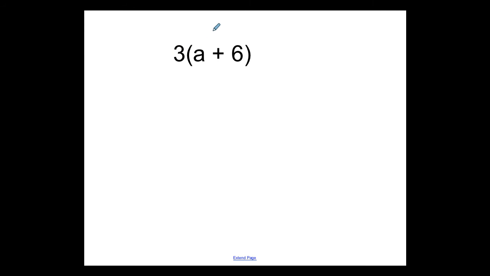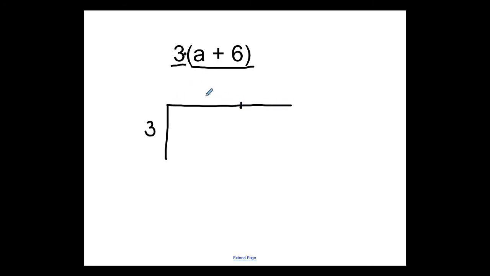So again, when you see this expression right here, 3 times this number right here, this will be your horizontal length, and this will be your vertical length. So we have a vertical length of 3, and this horizontal length is going to be broken into 2 parts.